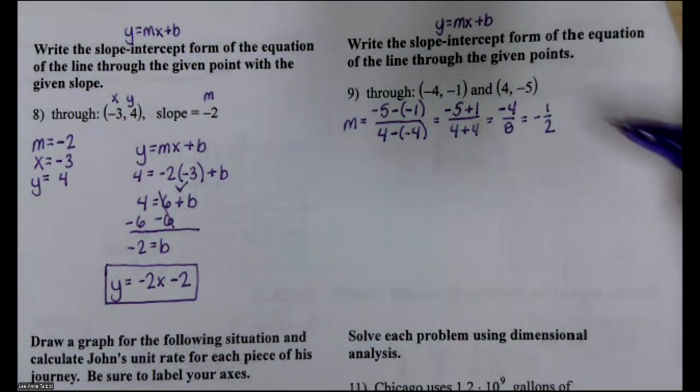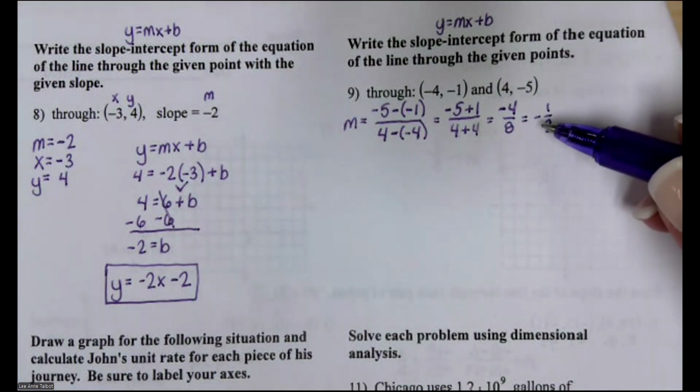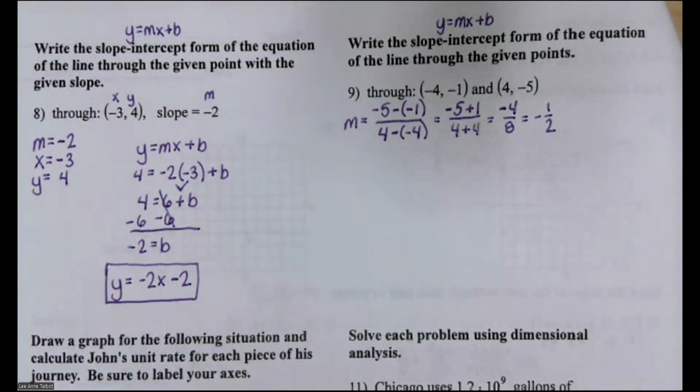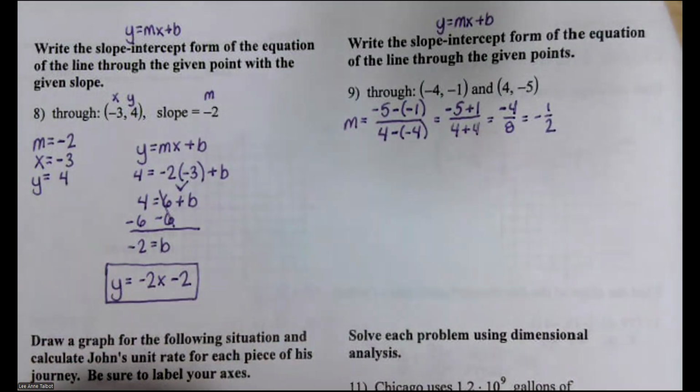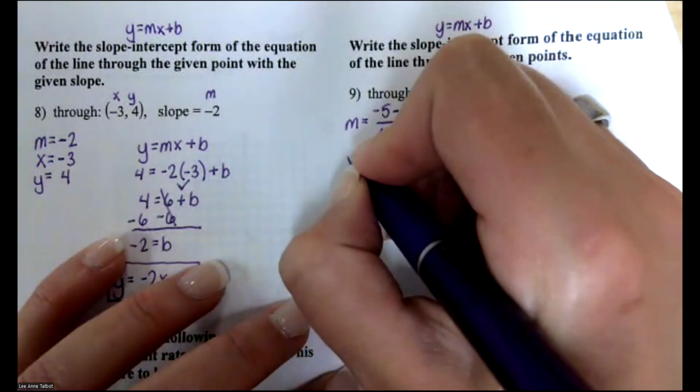So notice I got negative 4/8. I moved the negative in the front and then reduced. Okay, which point do you guys like better? They're both not great. Probably the second one, because it's only got one negative.